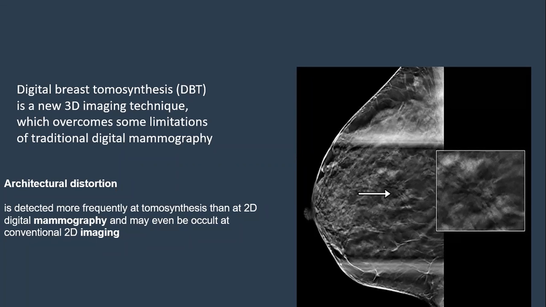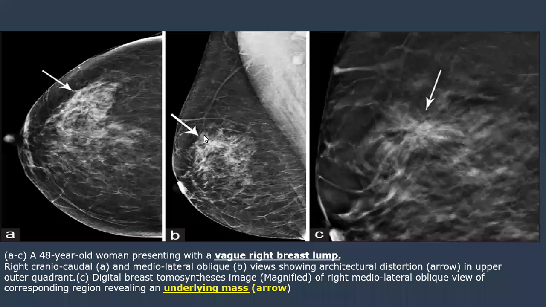As we mentioned, digital tomosynthesis or 3D imaging overcomes some limitations of traditional digital mammography. We'll see examples. If you look here, there is a subtle area of architectural distortion and asymmetry, and here some angulation and distortion in the contour of the fibroglandular-fat interface.